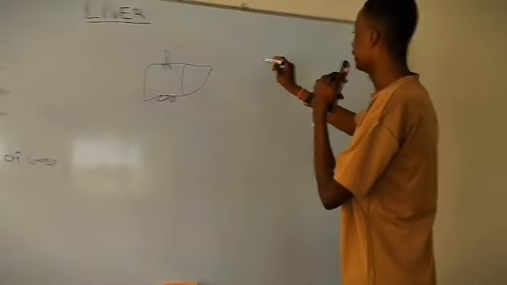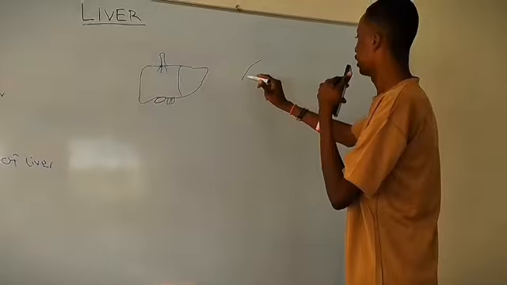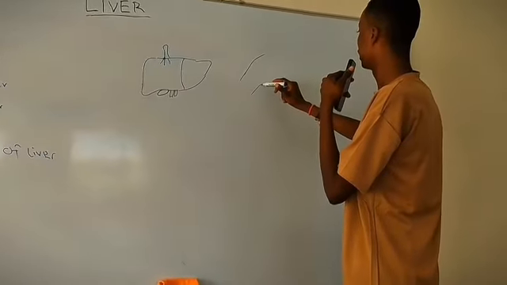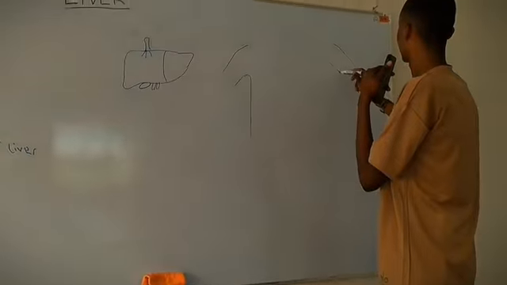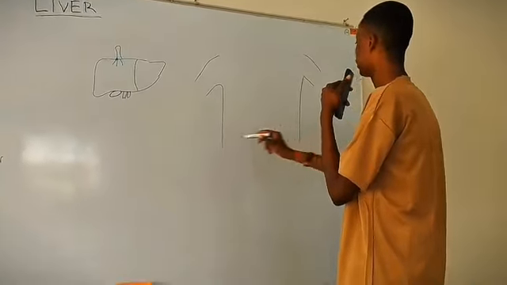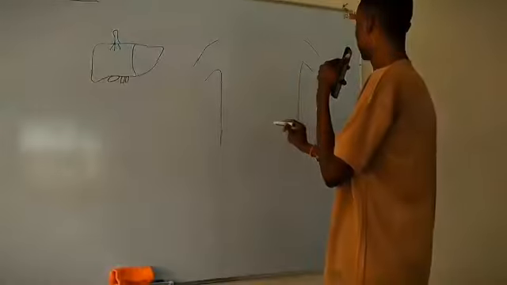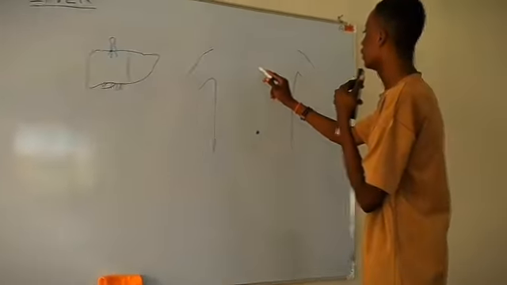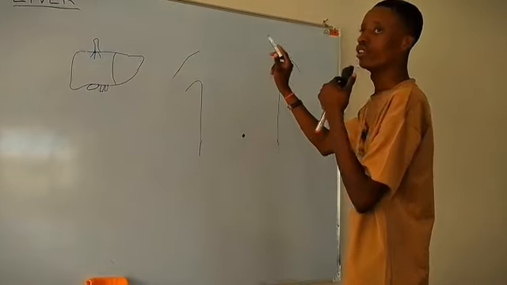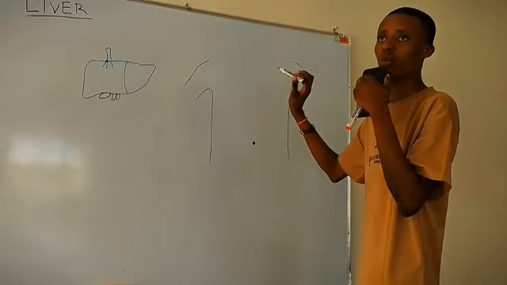Now, if this is the body, here is the umbilicus, as we all know. Then in the body, we have what we call regions and quadrants.